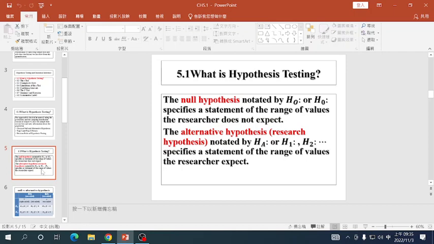So in that case, we may want to check just the relationship instead of positive or negative. You see what I mean? So in this case, what do I show for my alternative hypothesis? Now it's beta 3. I just want to know the relationship instead of positive or negative.